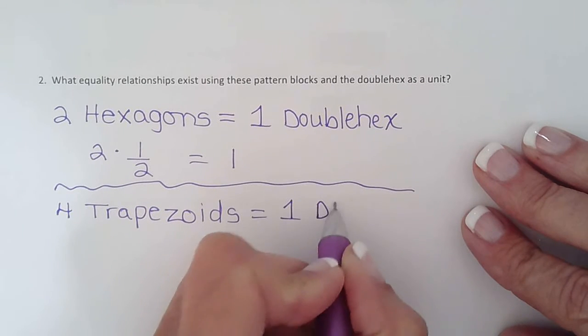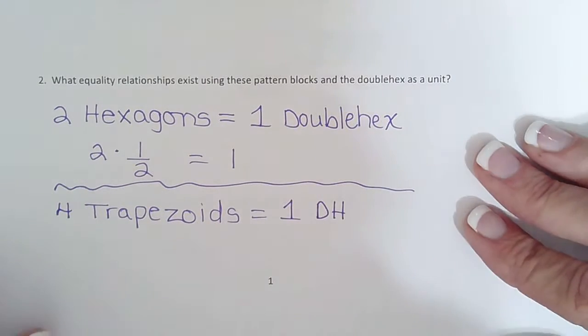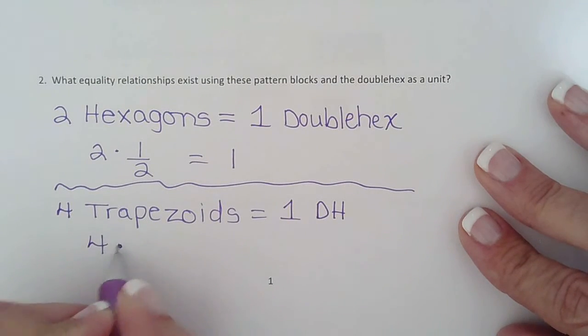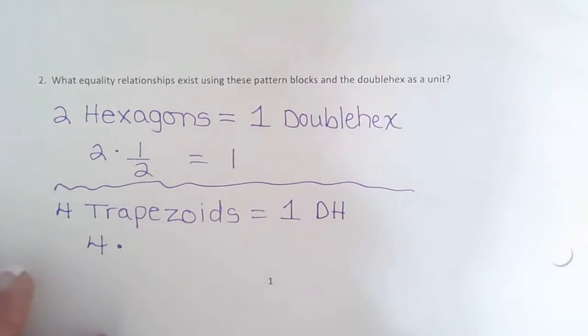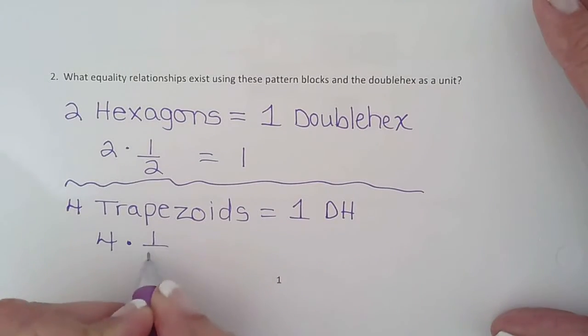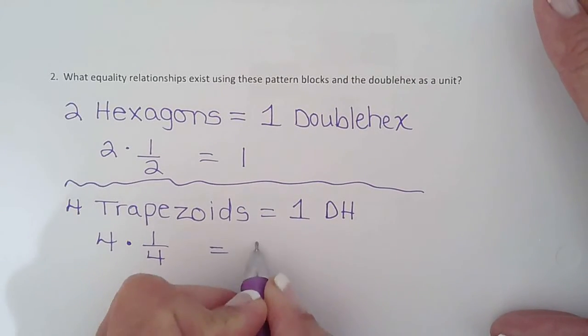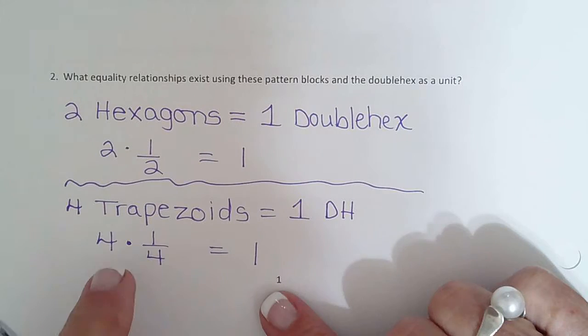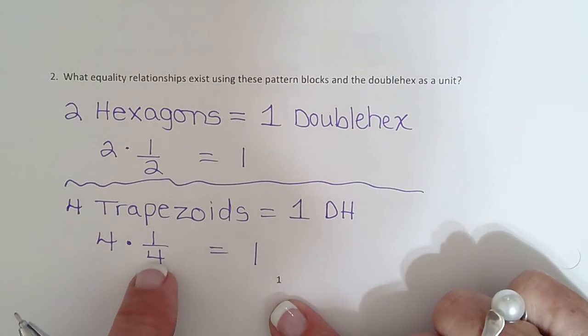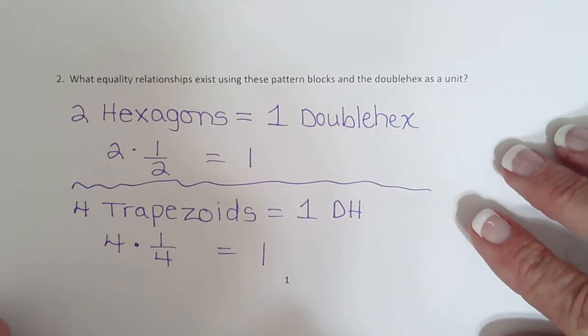Let's call double hex DH, just so we don't have to keep writing it. So 4 times 1/4, so that's what a trapezoid is, equals 1 whole. So do you get the relationship there? So if you have 4 of 1/4, 1/4 plus 1/4 plus 1/4 plus 1/4 is 1 whole.